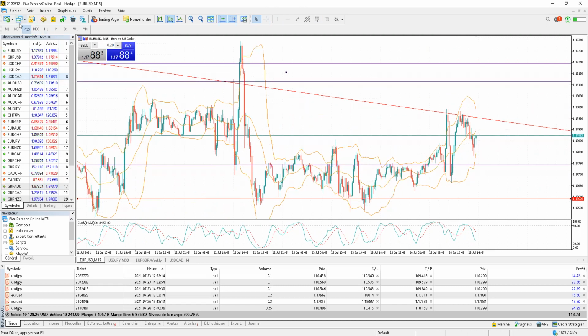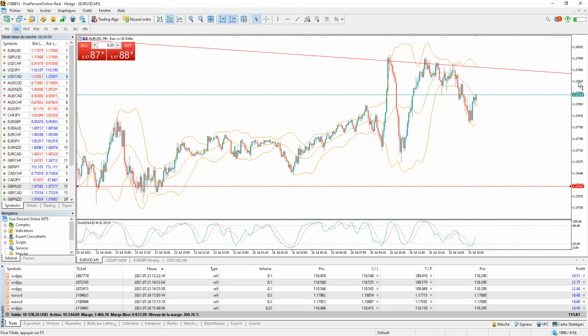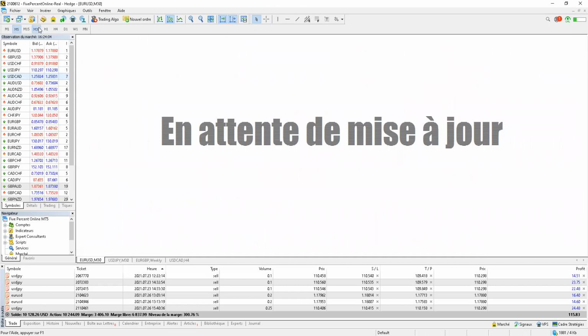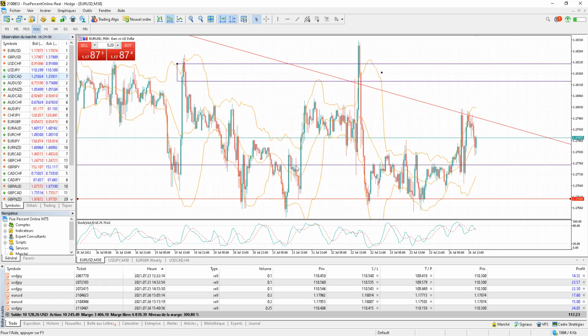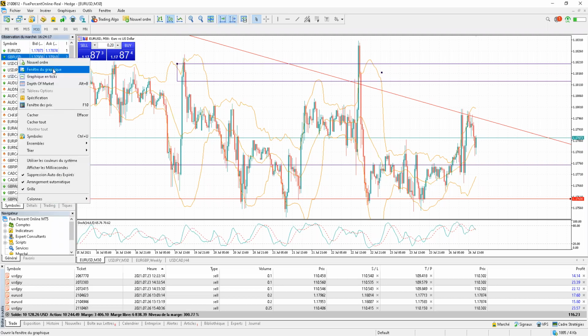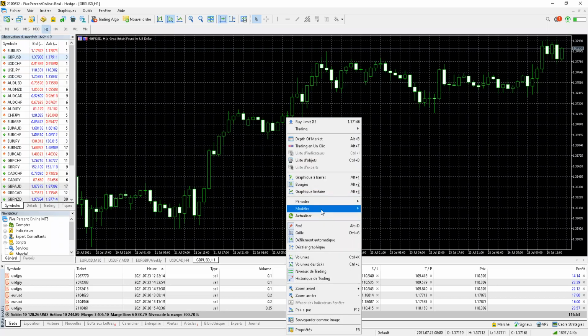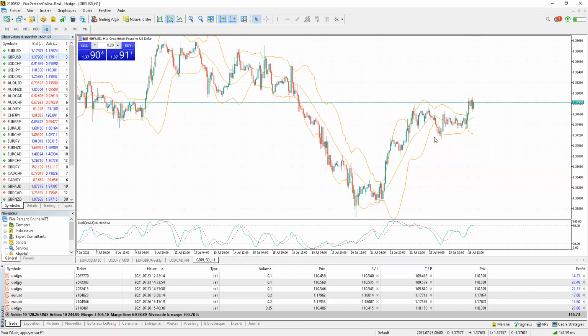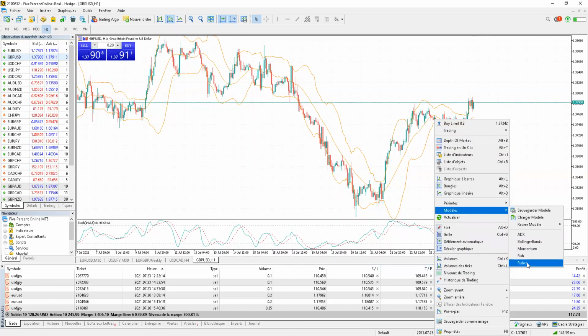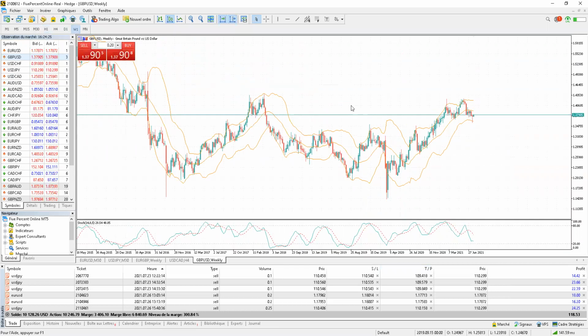Euro is starting to recover a bit here. Okay. GBP USD is also a good pair.